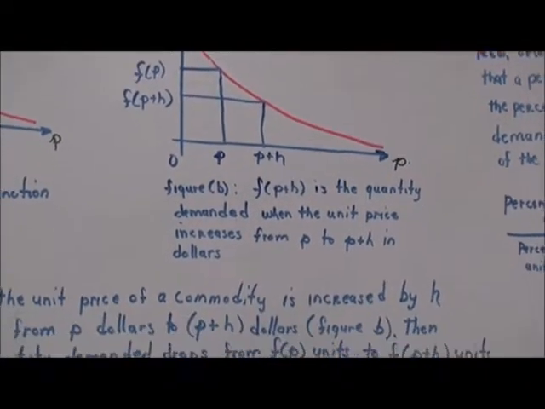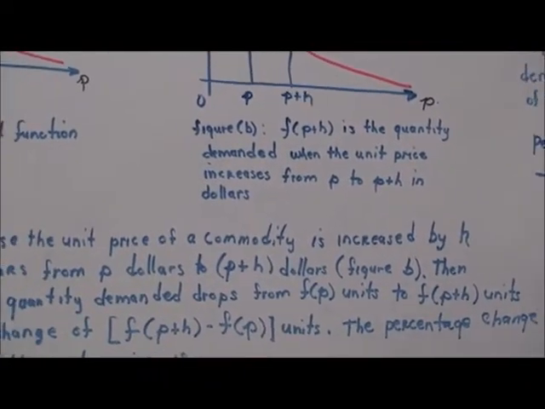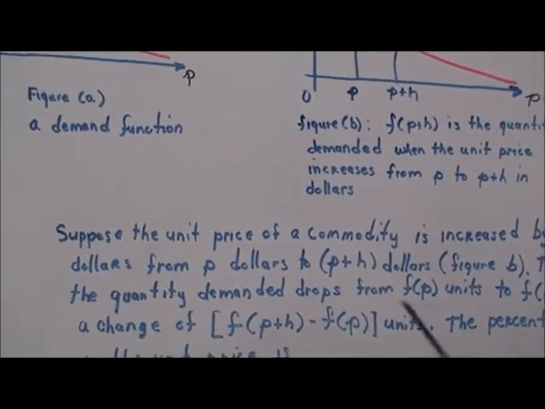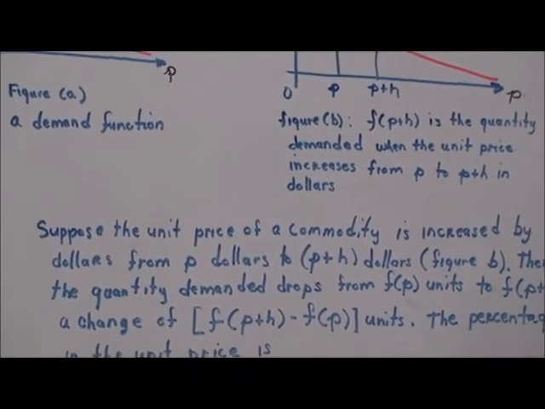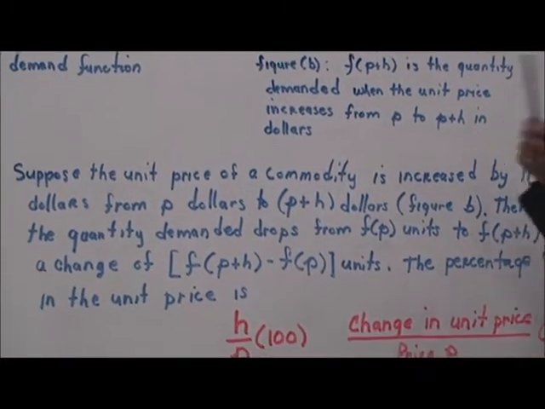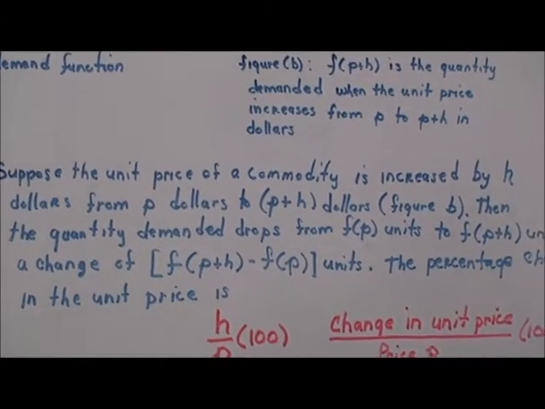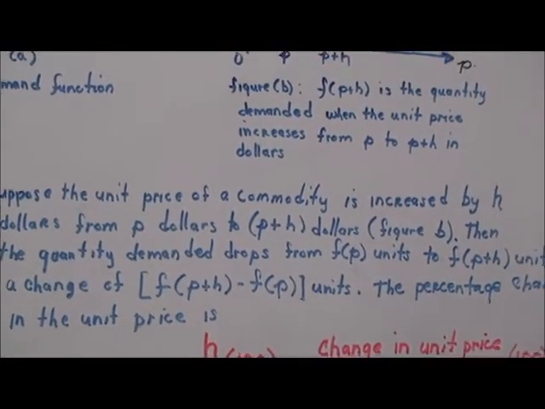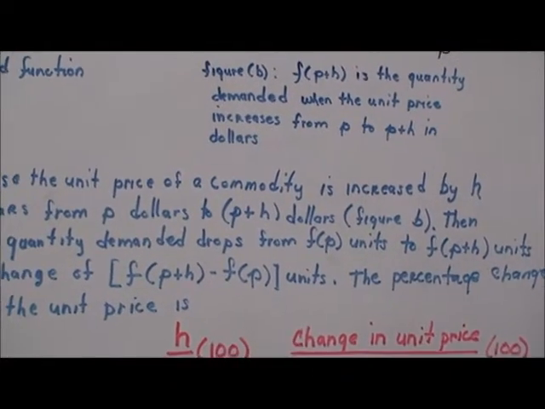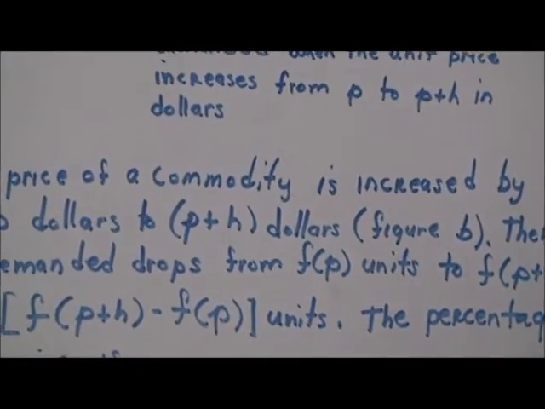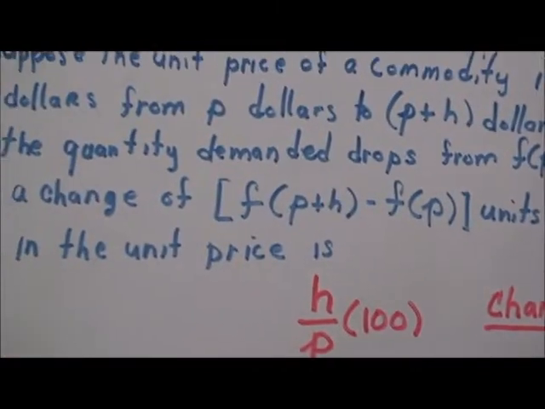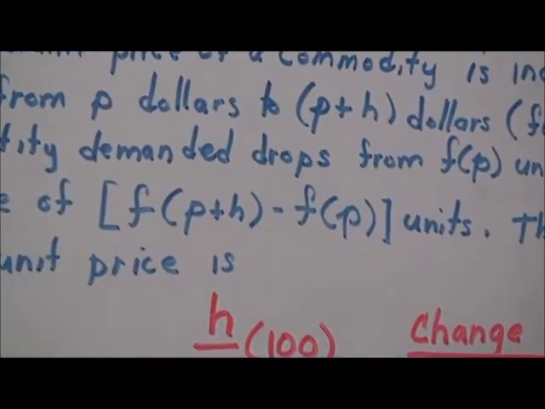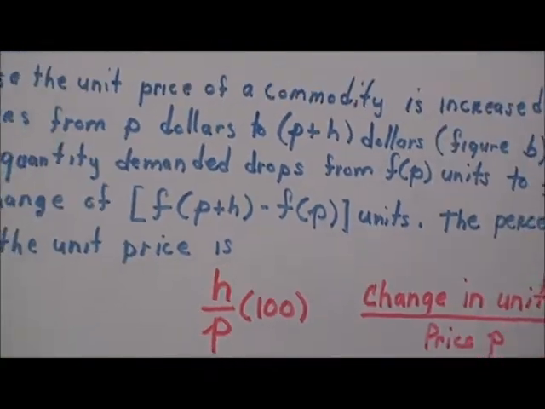So suppose the unit price of the commodity is increased by H dollars, from P dollars to P plus H dollars, as we see in figure B. Then the quantity demanded drops from f of P units to f of P plus H units, a change of f of P plus H minus f of P. Remember that? It's setting up the difference quotient.